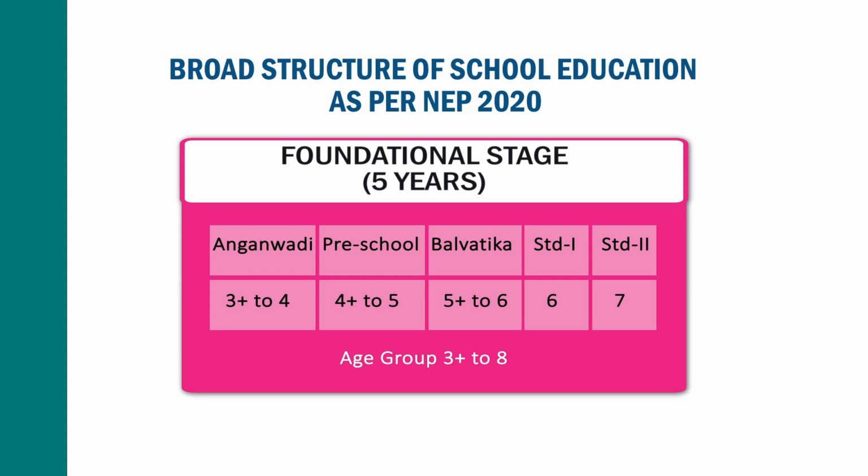That includes age 6 and age 7. So friends, these 5 years of schooling, that is Anganwadi, preschool, Bal Vatika, then standard 1 and standard 2, is the 5-year schooling which is included in the foundational stage.